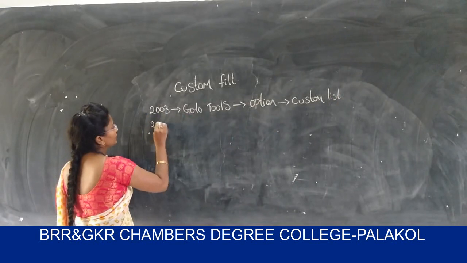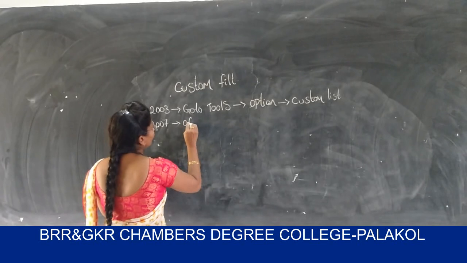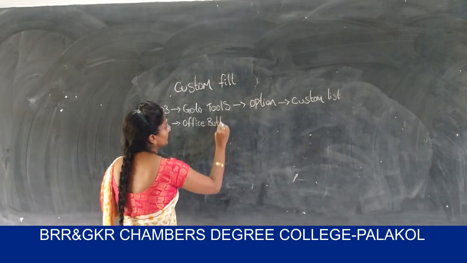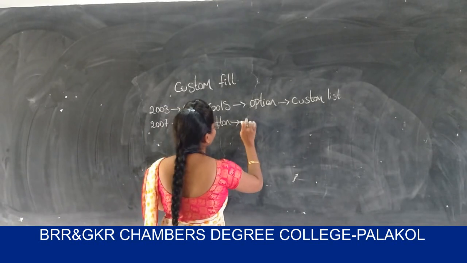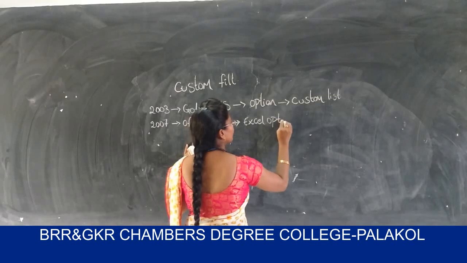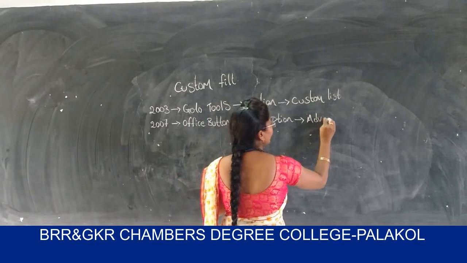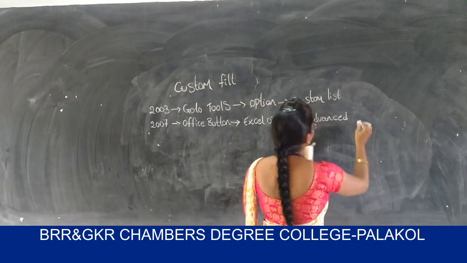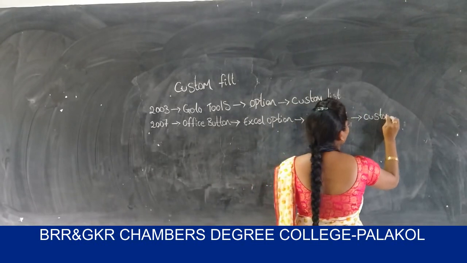For 2007 version, click on the office button and go for the Excel options and then click on the advanced option. In that advanced option, click the custom.